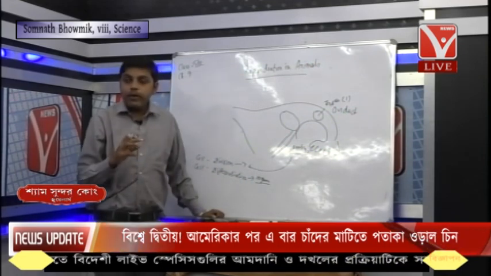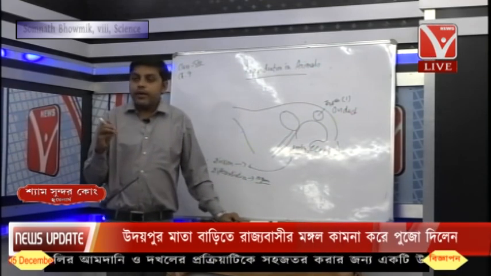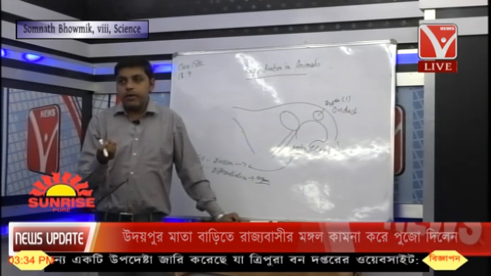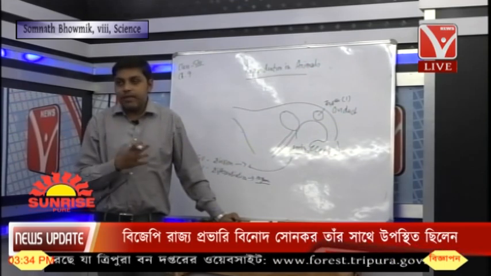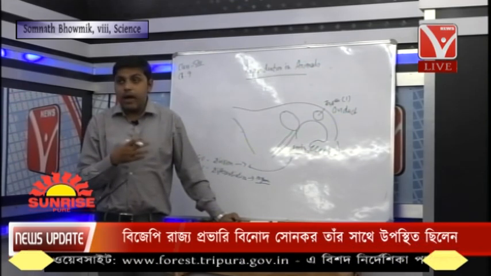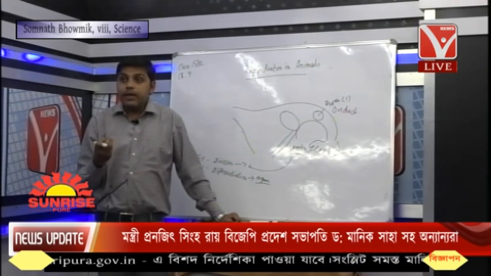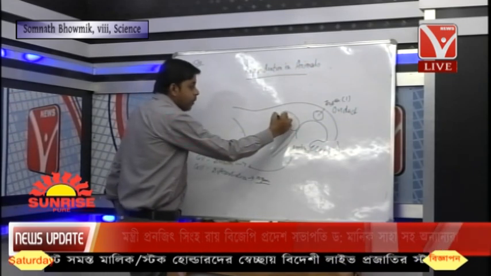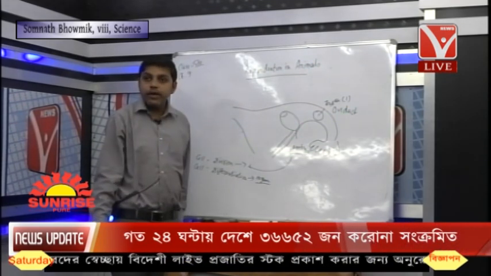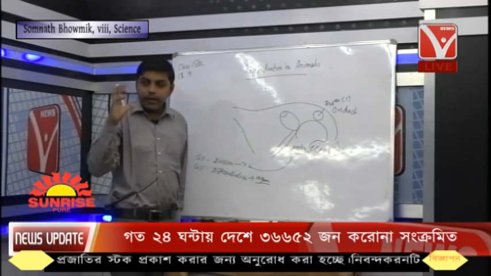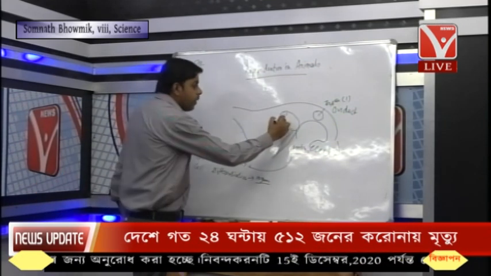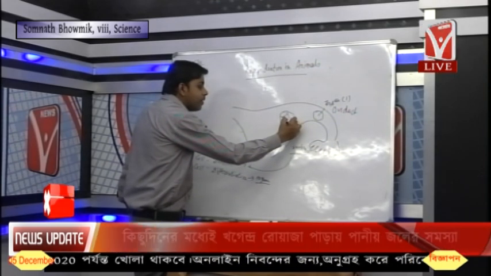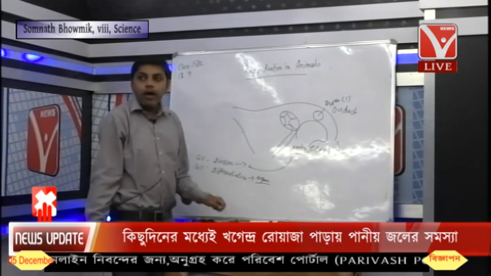From this embryo, certain cells develop to form the brain. Certain cells develop into the hand. Certain cells develop into the heart. Suppose this part differentiates to develop into the brain, this part hand, this part leg, this part heart, and this other part the alimentary canal and the other organs of the body.